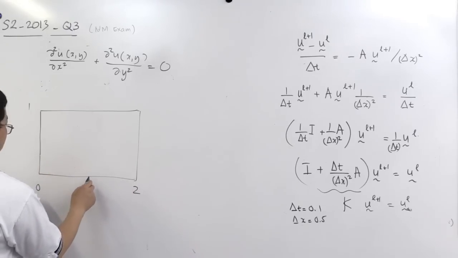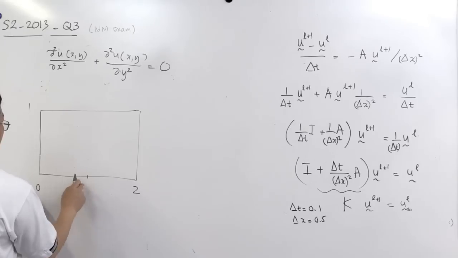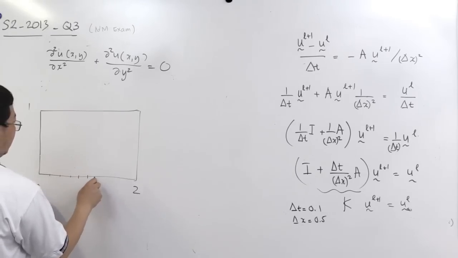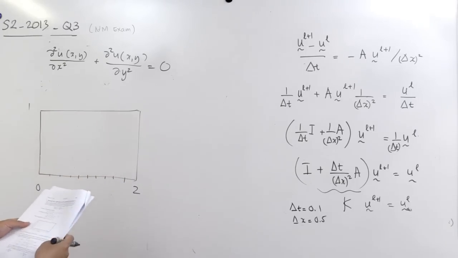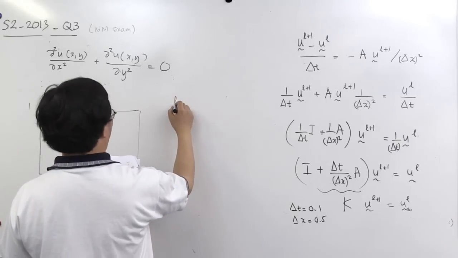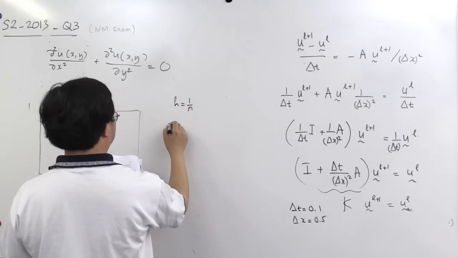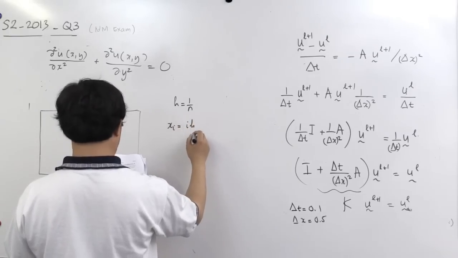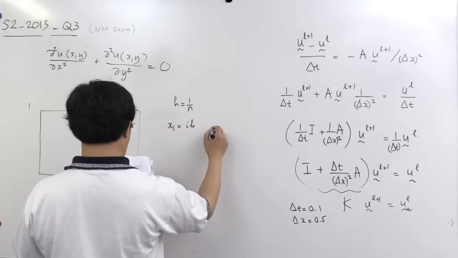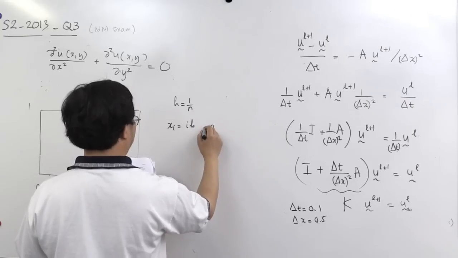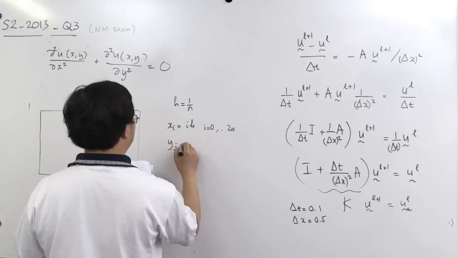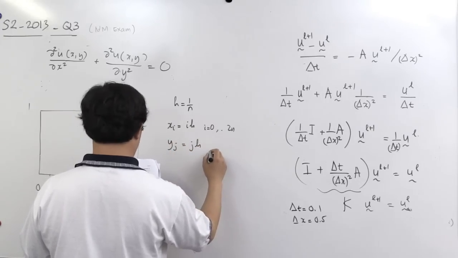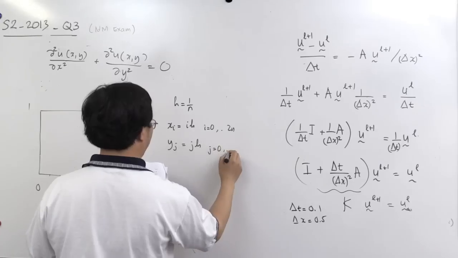Anyway, you can see the pictures in the question. Okay, so h is just 1 over n, and xi is just i times h, and i runs from 0 to n, and yj equals j times h, j runs from 0 to n.